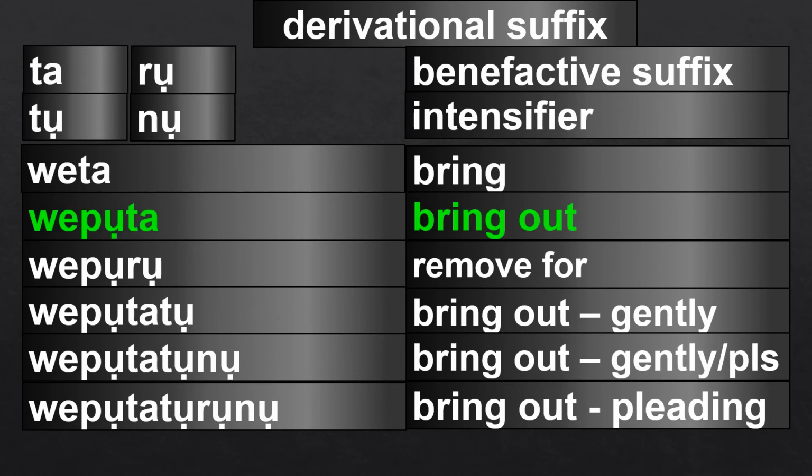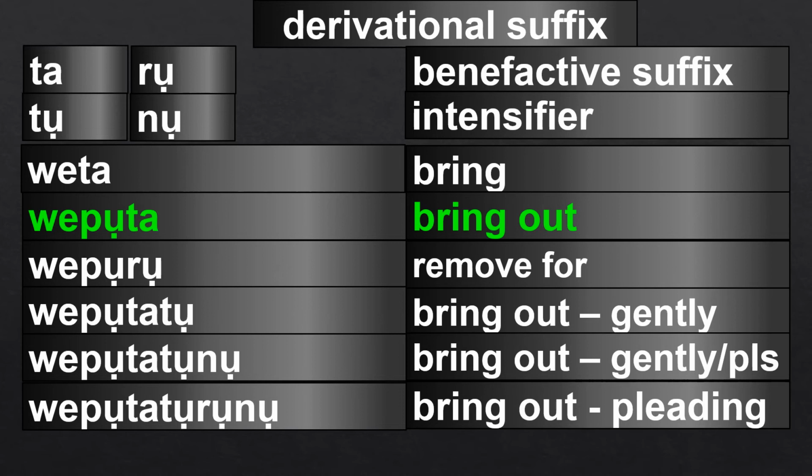We also have wepota. Wepota is bring out. Remember the new compound verb we formed is wepo. We formed wepo from we, which is take, and po, which is leave. So when we formed that compound verb wepo, the new meaning became remove.